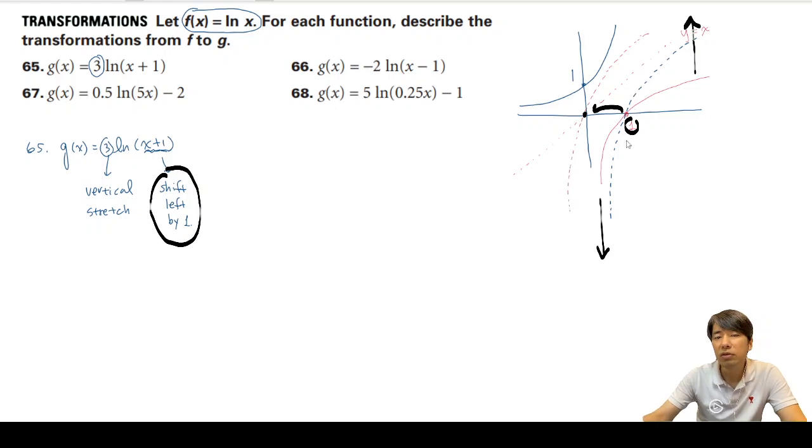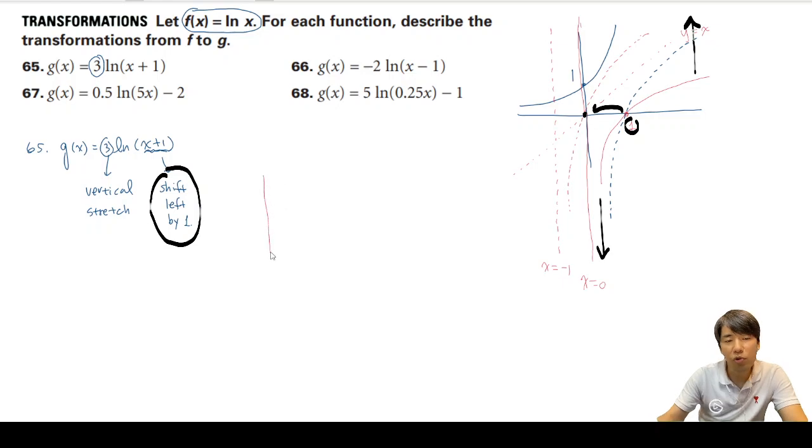Okay, for this blue log graph, there was a vertical asymptote here. That was the vertical asymptote, which is x equals 0. But when you are shifting it to the left by 1, this also shifts to the left. So the new vertical asymptote will be at x equals -1. So the resulting graph would look like this. You have a vertical asymptote here at x equals -1, and then the log graph passes through the origin like this.